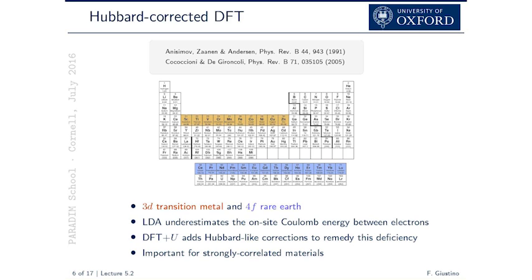Then some of you asked me on several occasions about something called DFT plus U. So I would like to say a couple of words about that. This is a technique which was developed by these authors here, and that was, what, 25 years old. And there are many modern implementations.